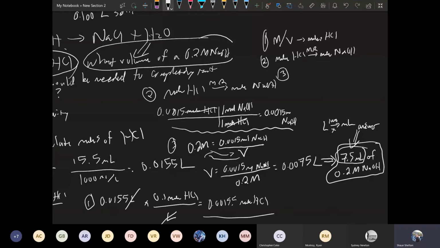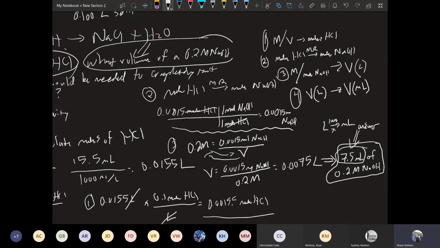Third step was then taking your molarity and moles of NaOH and converting that into volume of NaOH needed. So remember that this volume is in liters, and in our fourth step, which was the last step, we took our volume in liters and converted it into volume in milliliters.